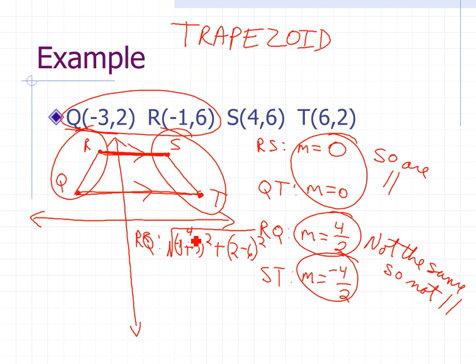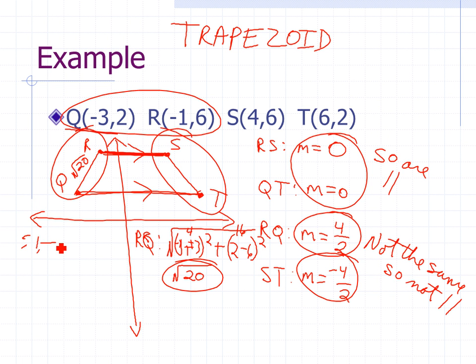So we know that part's 4. What's 2 minus 6? -4 squared. What's 4 plus 16? 20 is not a perfect square number, so we'll just leave it that way. So the length of this side is the square root of 20. It's gonna be like 4 point something. But we don't need to know what it exactly is. We just wanna know if these two are exactly the same.